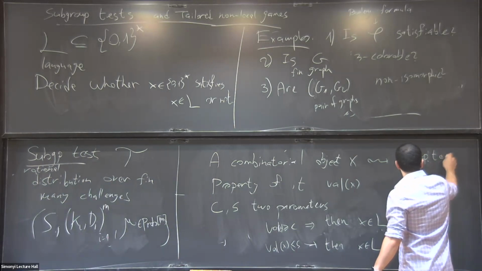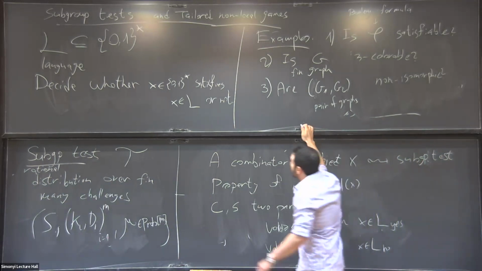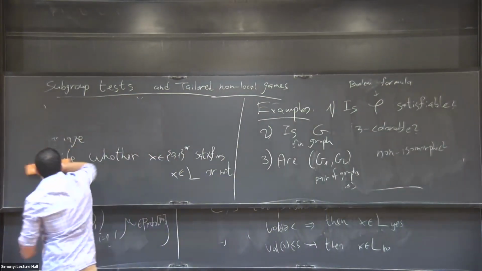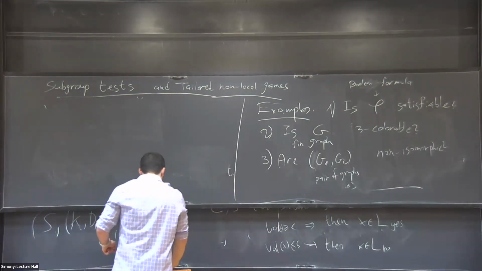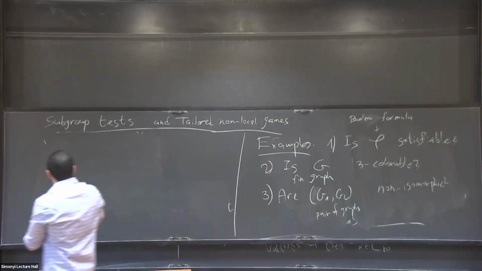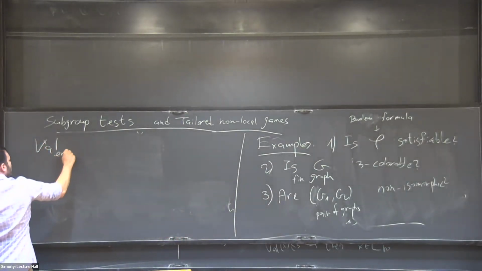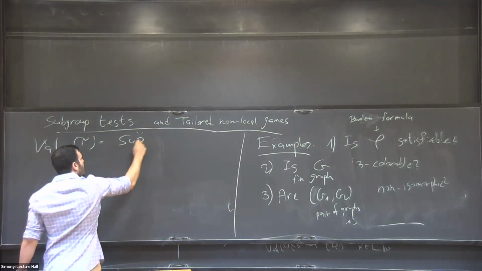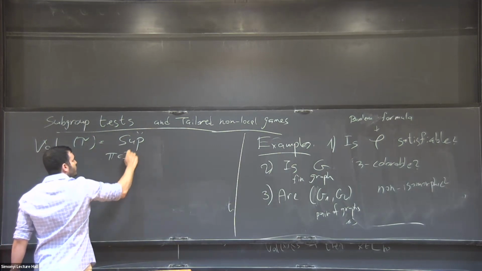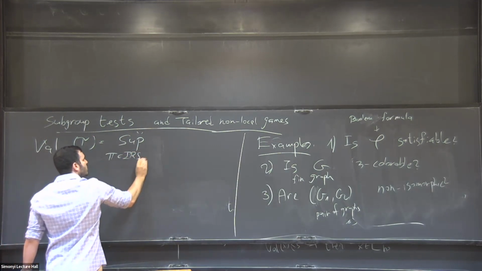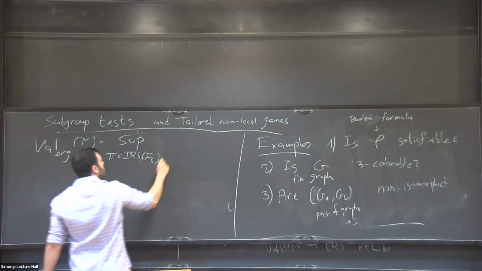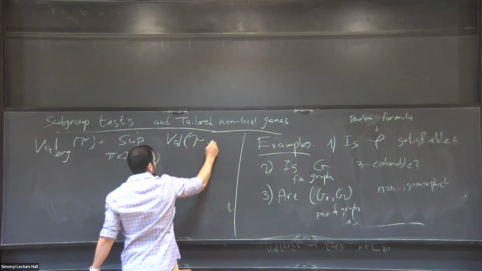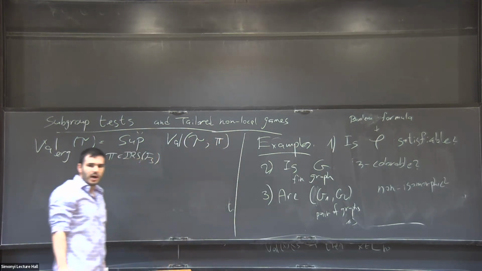As both Thirit and Avi said, now I need to define the actual property that I'm trying to maximize. And I claim there are two properties, and that's exactly what Thirit hinted at. You can define the ergodic value of the test, which will be the supremum over all IRSs of the free group of the value of the test against the IRS pi.